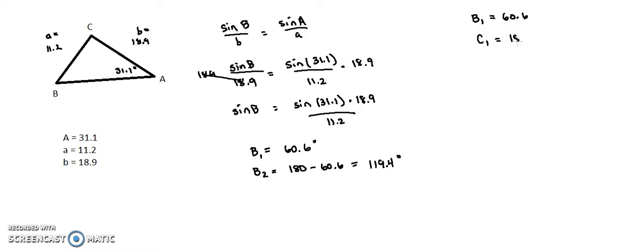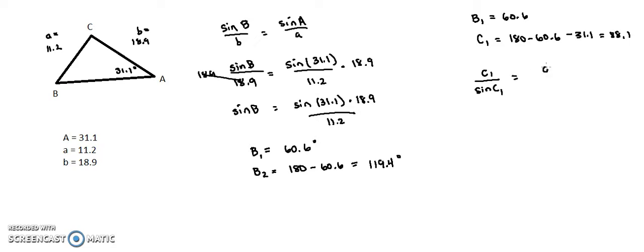So C1 is going to be 180 minus 60.6 minus 31.1. Finding the missing angle in the triangle, and that's going to be 88.1 for our C1. And then we've got to find side c that goes with this. So we'll call that little c1.